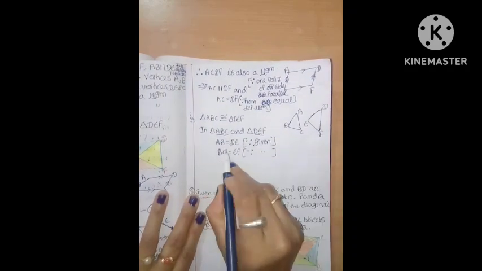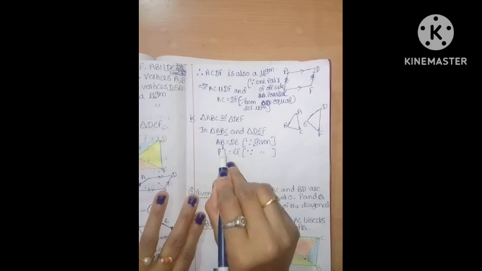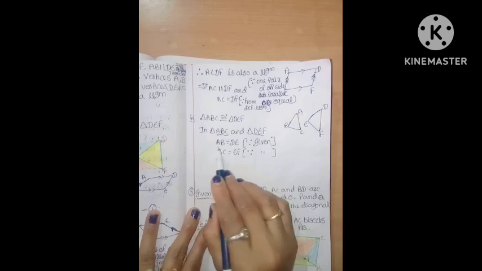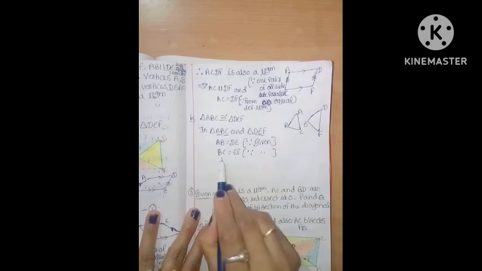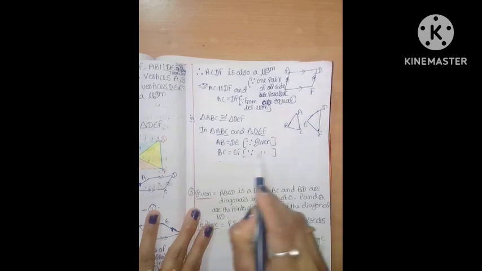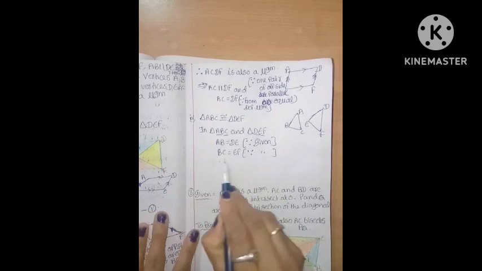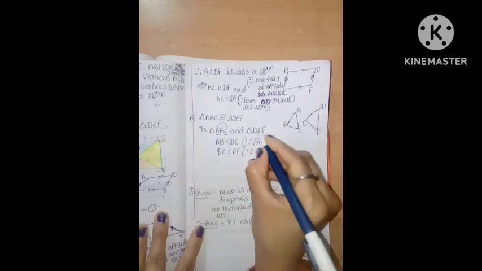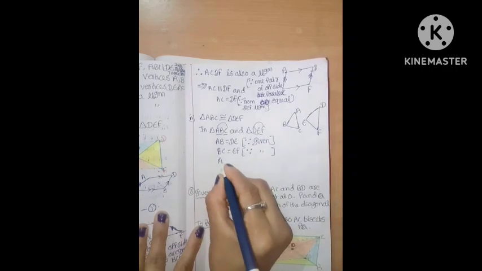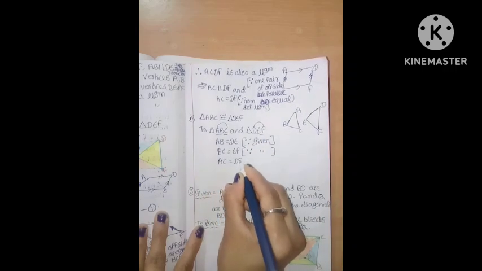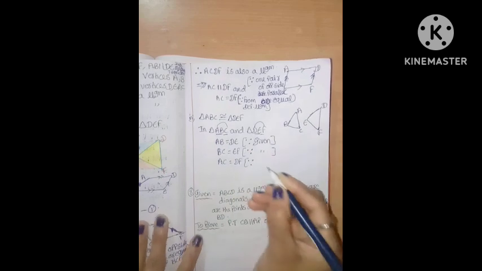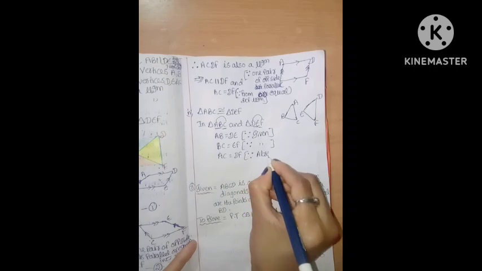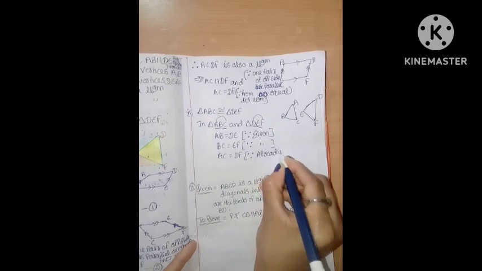Opposite sides are equal in the ABED parallelogram, which is given. This is also opposite sides equal in the BCFE parallelogram. Next, AC is equal to DF, since it is already proved. Why is this side equal?